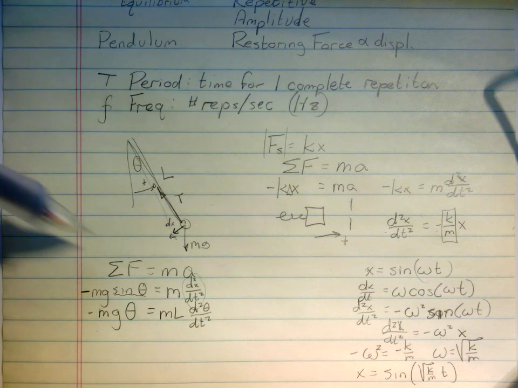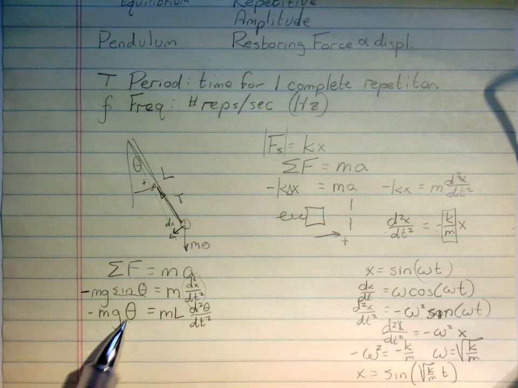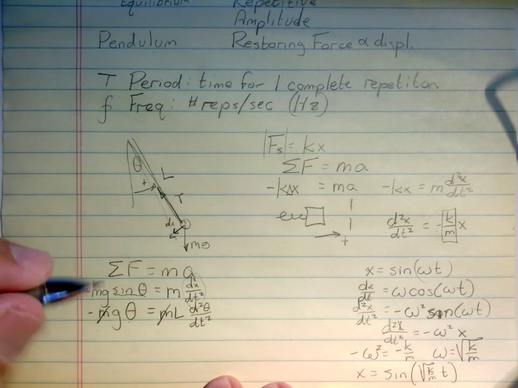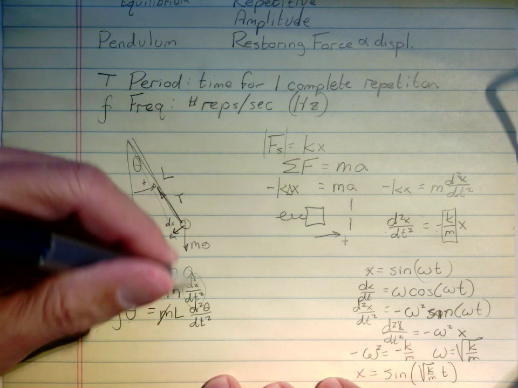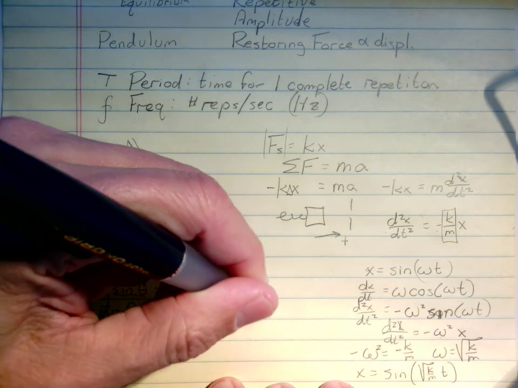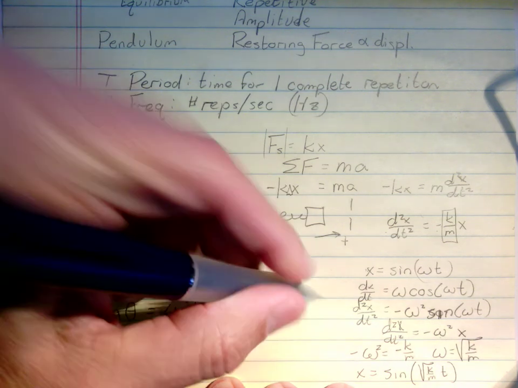But for smaller angles, theta is approximately equal to sine theta. So now look what we've got. We've got that relationship of theta and d squared theta dt squared. We can cancel out the m. And I can write it as d squared theta dt squared equals g over L theta.